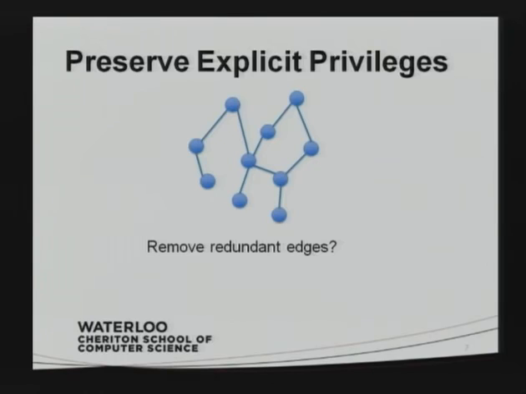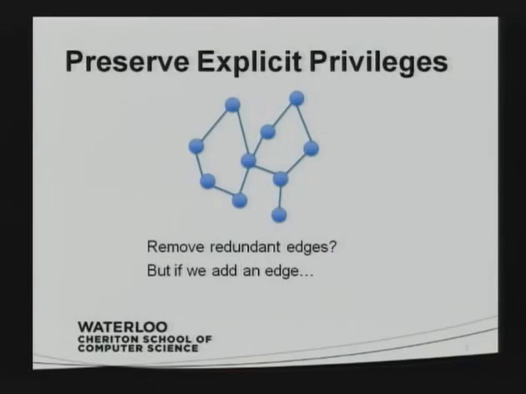And this kind of suggestion has been made by many people, saying that whenever we talk about privileges, we'll always talk about the reduced set of privileges and get rid of all of the transitive edges. But I will argue that that's not a good thing to do. Consider the following. I'm going to add an edge to my group hierarchy, which now gives me privileges that would be inherited around the left-hand side.